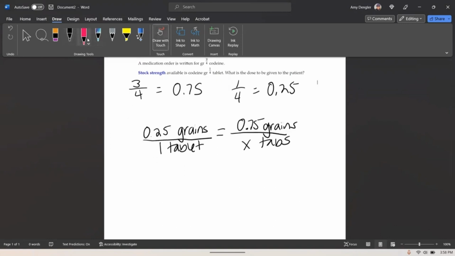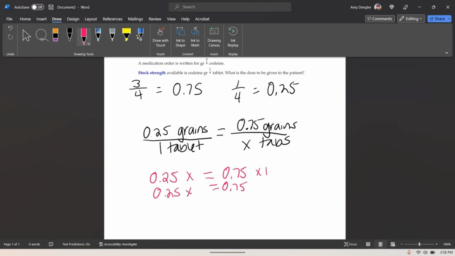So we're going to do just like we did in the other example. We're going to go 0.25 x equals 0.75 times 1, which we know is just 0.75.